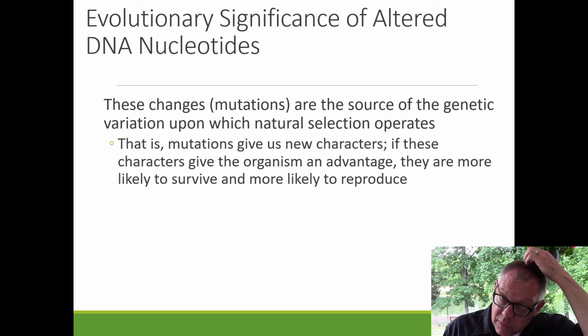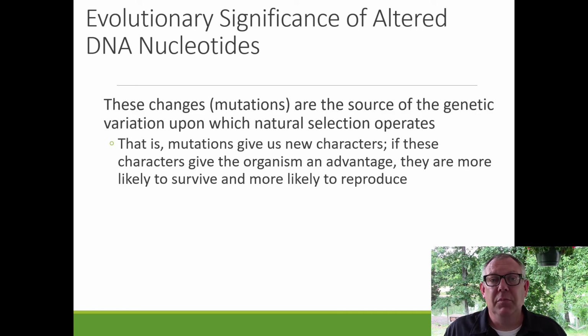And so, if the organism that has the mutation gets a new character, and if that new character gives that organism a slight advantage, gives them better fitness, then they're more likely to survive, because they're just a little bit better at something. And if they're more likely to survive, then they're more likely to reproduce.